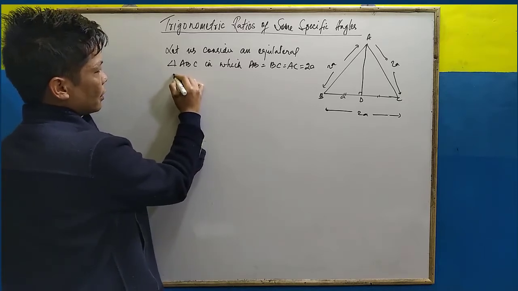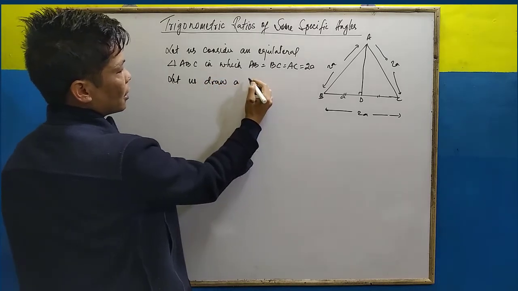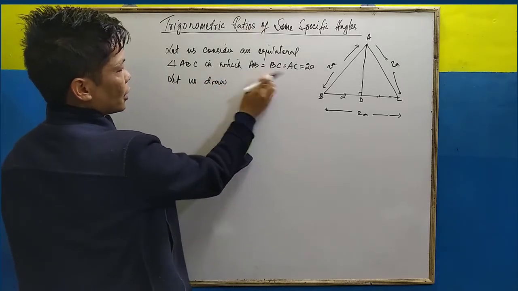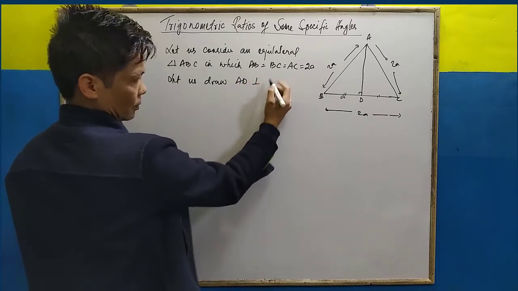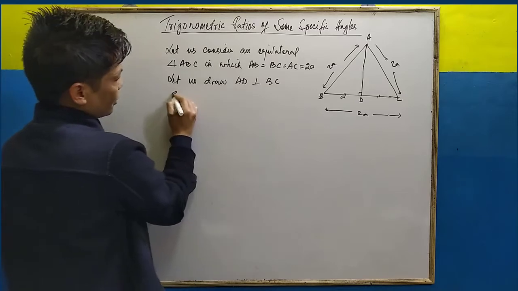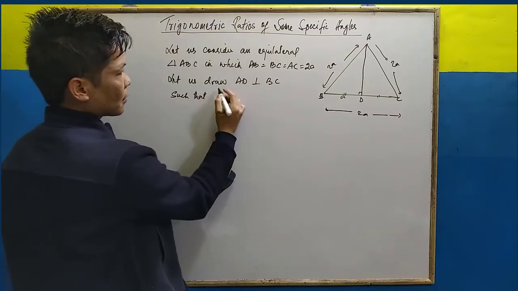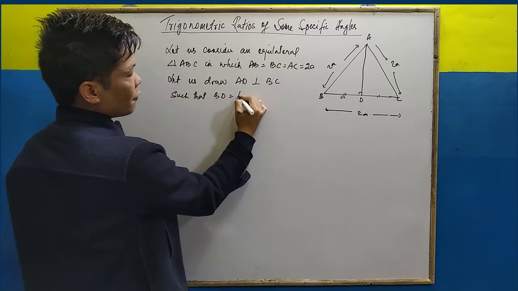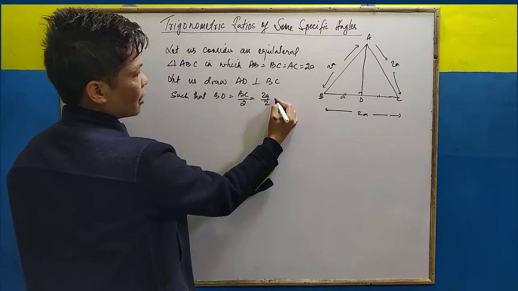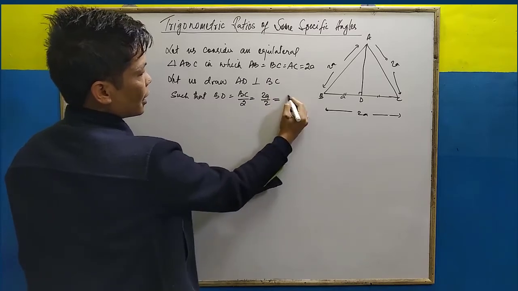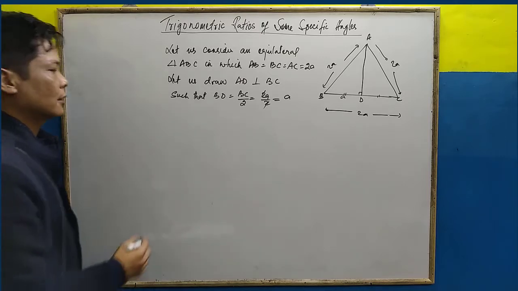Then let us draw AD perpendicular to BC such that BD is equal to half of BC, which is twice a by 2, which is a. So the length of BD is a.